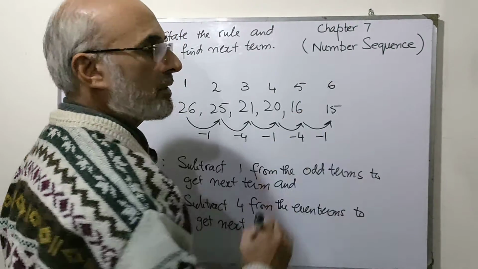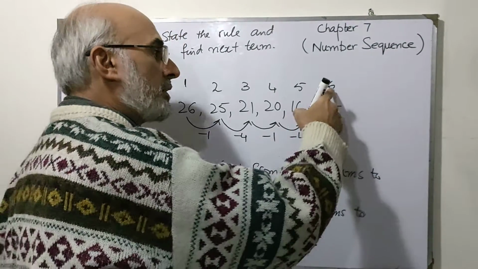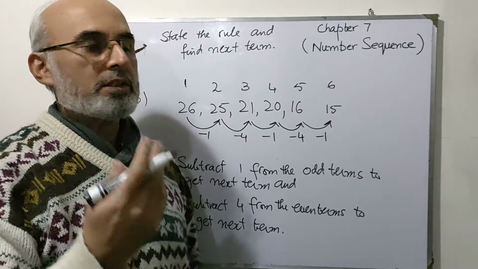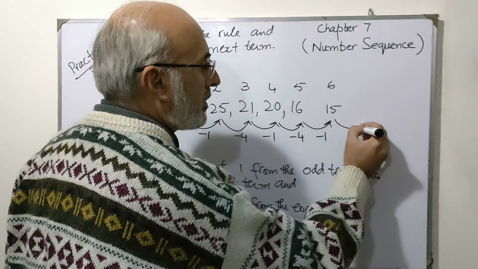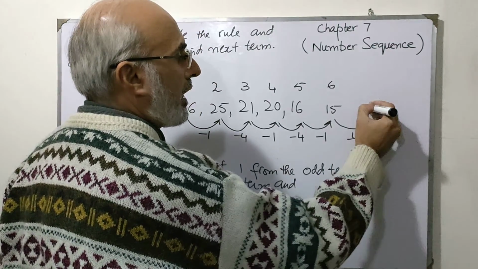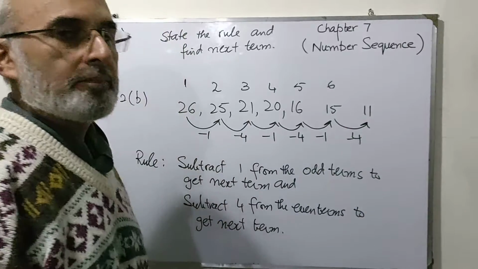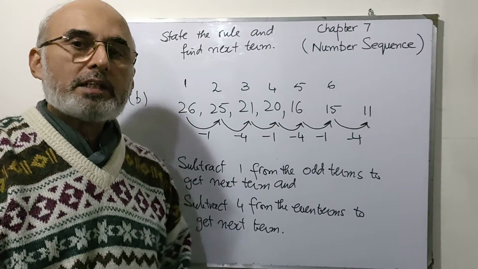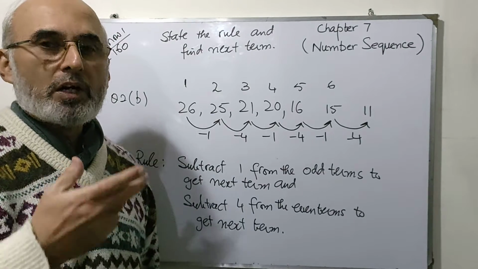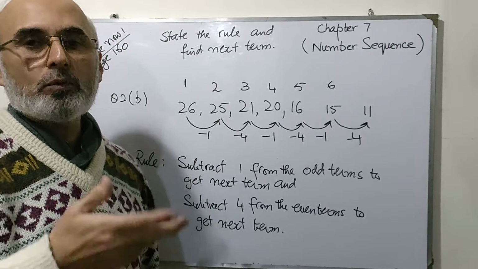It's our sixth term. Now the sixth term has order number 6, which is even. We are going to subtract 4 and we get 11. Okay, so we are alternating while subtracting 1 and 4.